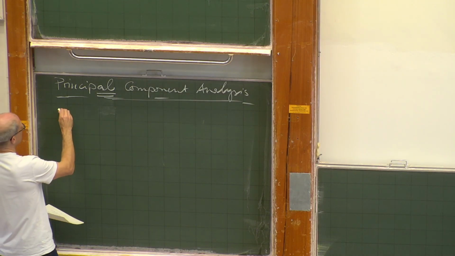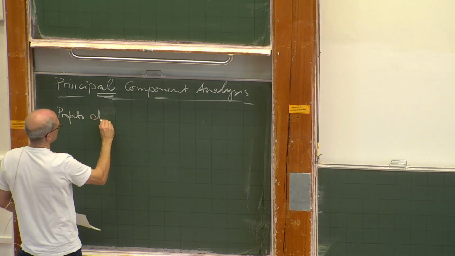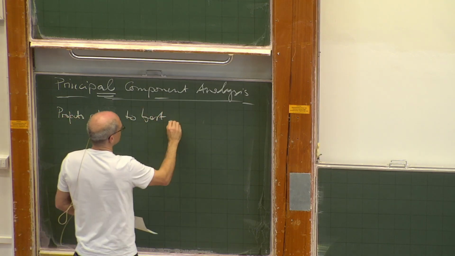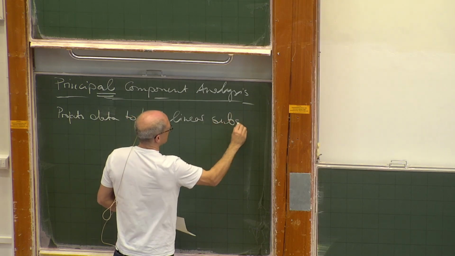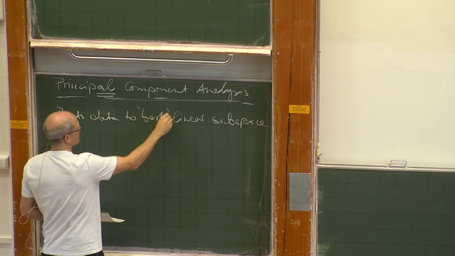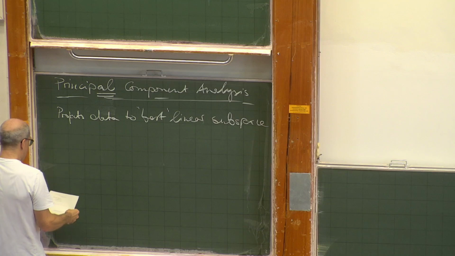So principal component analysis. What it does is it projects our data to the best linear subspace. I think linear is clear, but what do I mean by best? I will explain in a moment.